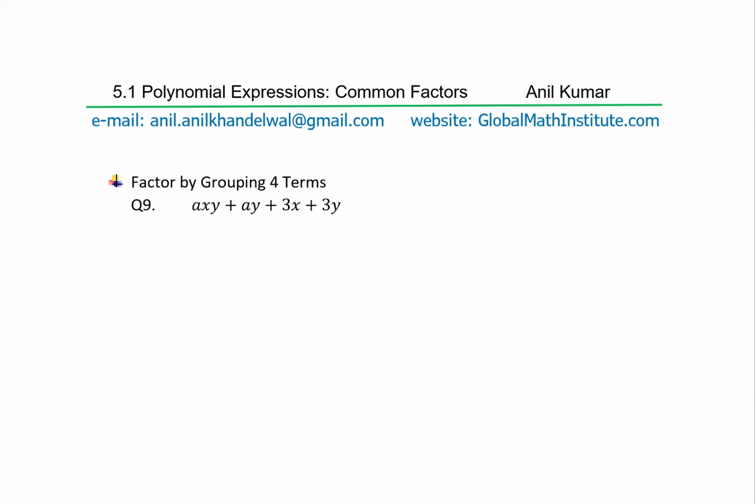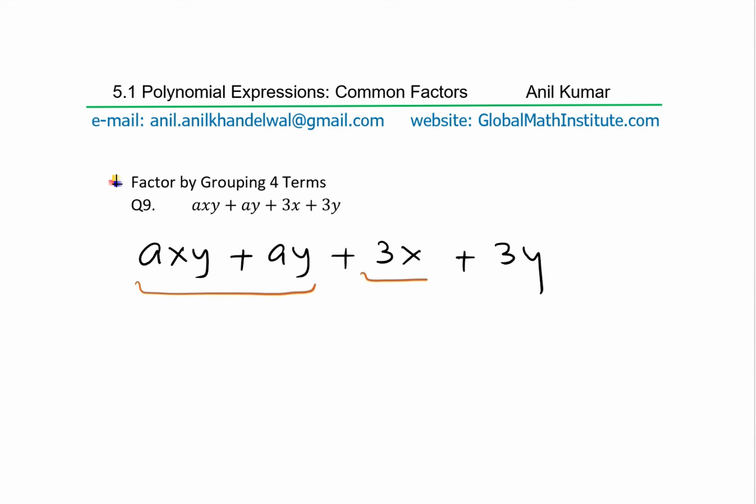Let's write down these terms, which are axy plus ay plus 3x plus 3y. Now, whenever we have 4 terms, we have to group them. So we have 2 groups here, and clearly in each group we can find common factors. ay is a common factor in the first group, giving us x plus 1.